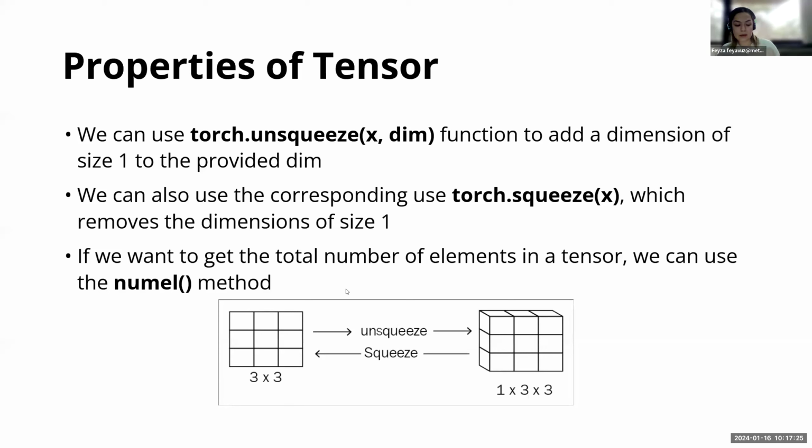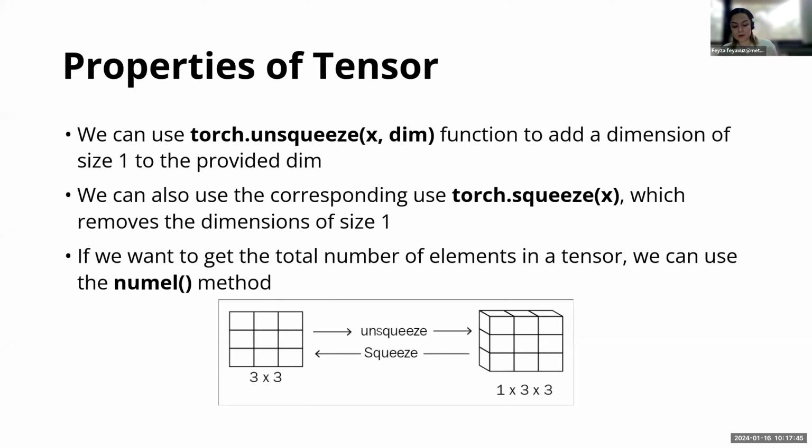And finally, if we want the total number of elements in a tensor, we can use the numel method. For example, in this tensor, if we call the numel method, it will return 9.